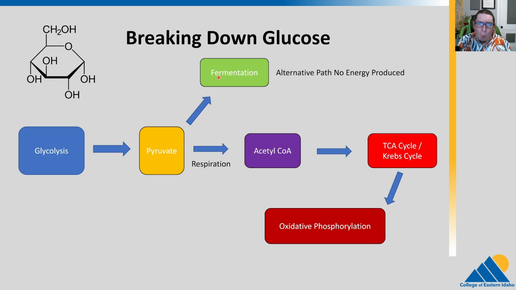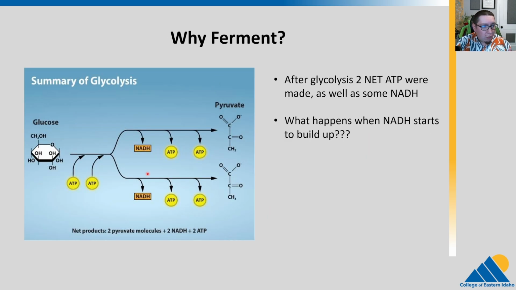So let's talk about why we might need fermentation. Well, as we said, glucose goes into glycolysis. It produces 2 net ATP, but it also makes those 2 pyruvate molecules and 2 NADH. Okay. So the ATP is great. We can use that to power other reactions.